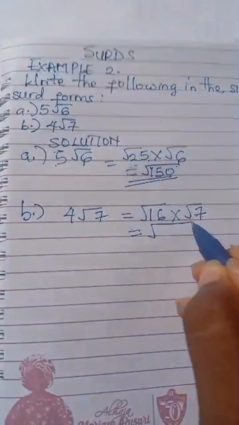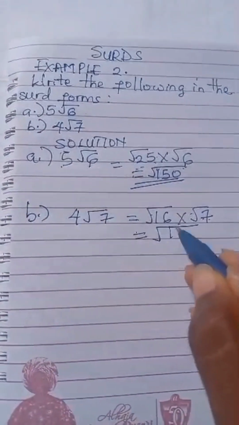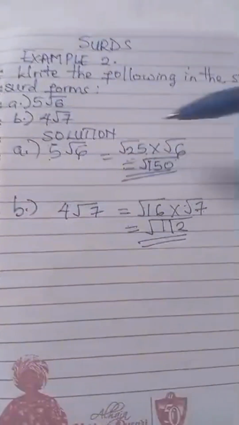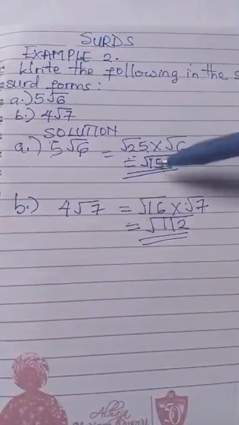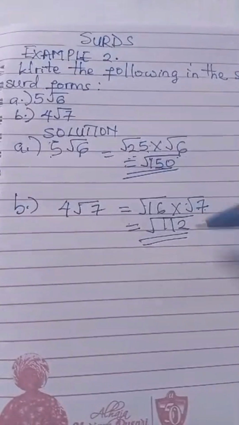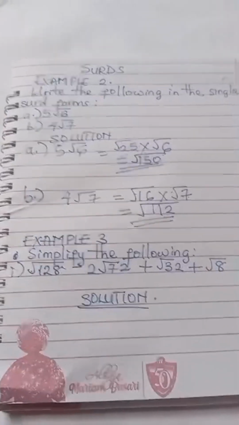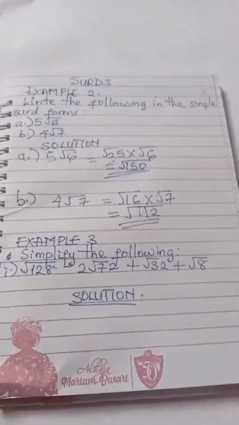You pick one of the root signs to cover everything. So 16 by 7 is what? 112. So this is the answer. That means 5 root 6 is also root 150, and 4 root 7 is also root 112. Easy. So guys, let's move on to another tough part of Surd.